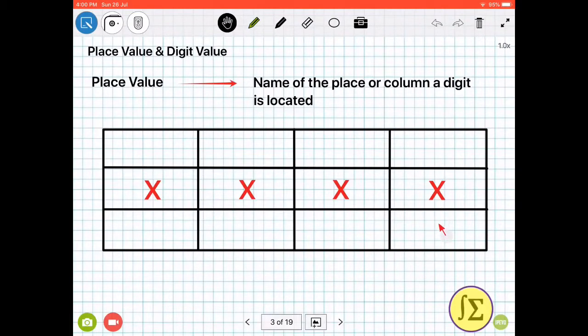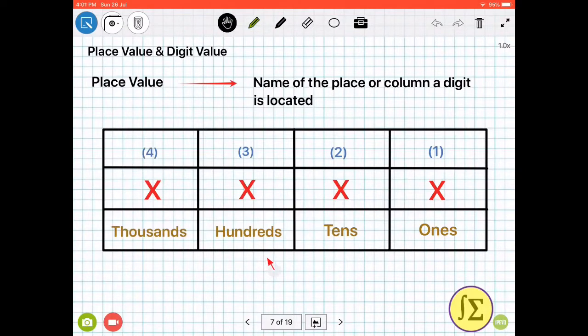For example, the first digit, or the rightmost digit of a 4-digit number, the place value is ones, and the second number, we call it tens. It's in the tens column, or the place value is tens. The third number from the right, the place value is hundreds.